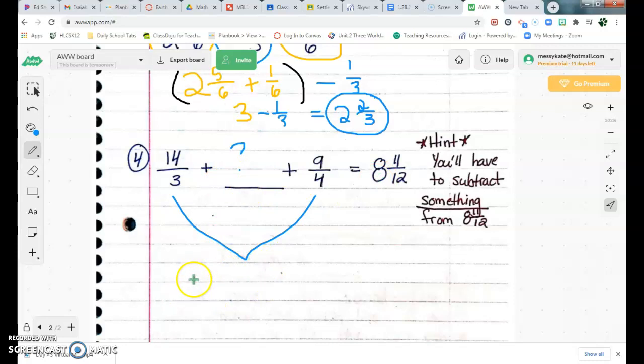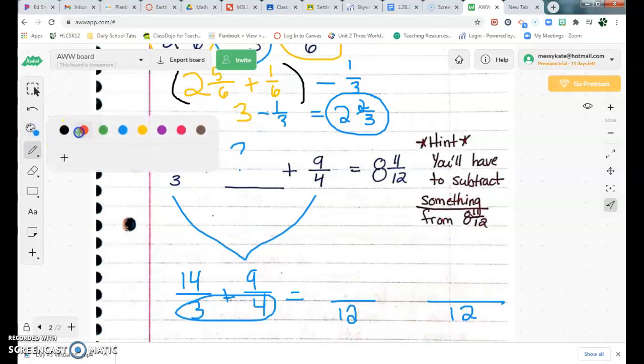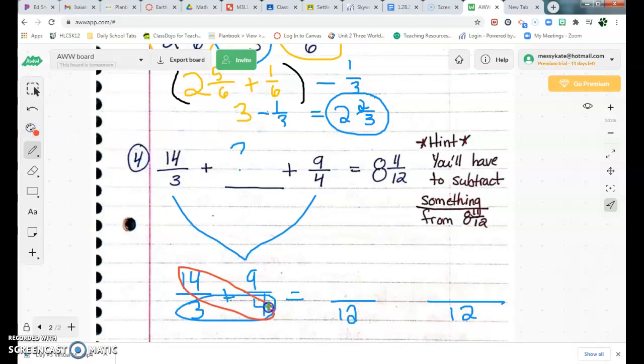So I'm just going to come down here and start with 14 over 3 plus, because I have my plus signs here, 9/4. And I'm just going to butterfly this one out. So I know that the butt of my butterfly is going to be 12. Then the left wing of my butterfly, 14 times 4. Well, 4 times 4 is 16, carry that 1. 4 times 1 is 4. 4 plus 1 is 5, so I've got 56.